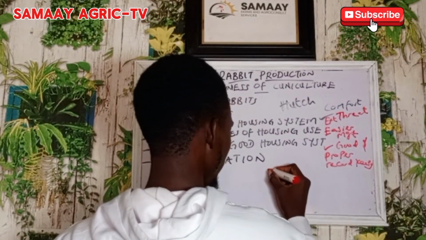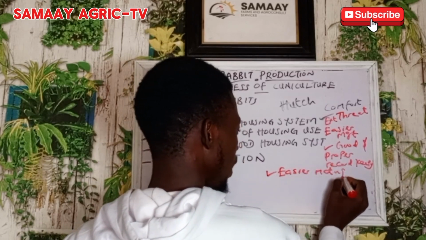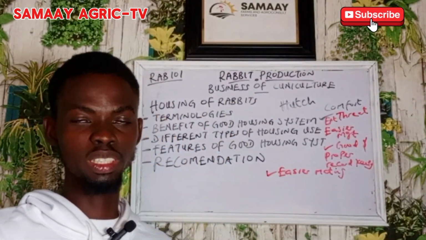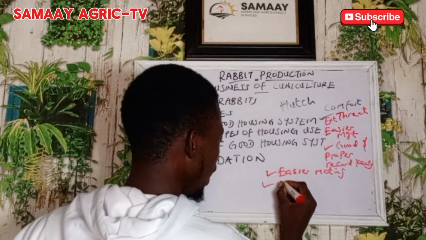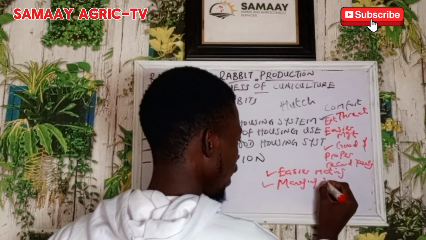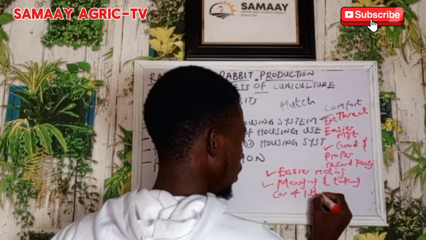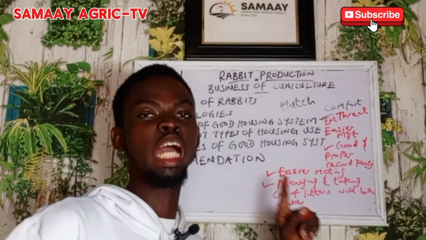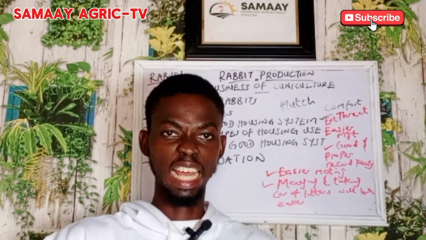Another thing is that there will be easier mating. When you are crossing your rabbits, it will be easier for you to mate them because you have a good housing system in place. And one of the other benefits you derive is that managing and taking care of the litters will be easier, and there will be reduced mortality of the kids, the small rabbits that have just been kindled.